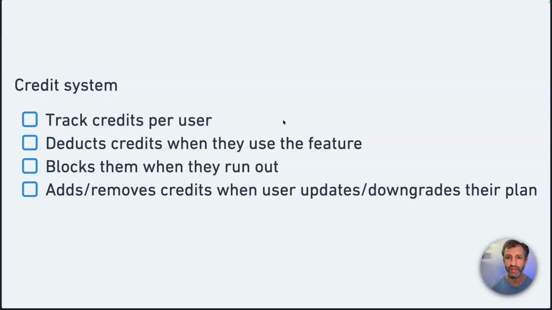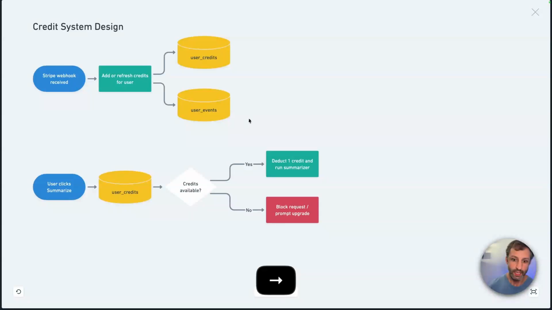So really the goal here is not to just show a number on the screen. The goal is to make sure the backend is actually enforcing product usage. So how are we going to design this? The design we're going to use is straightforward, but it's also production friendly. We are going to keep a user credits table, which stores the current credit state of each user.